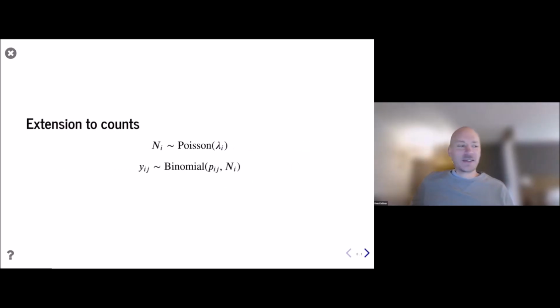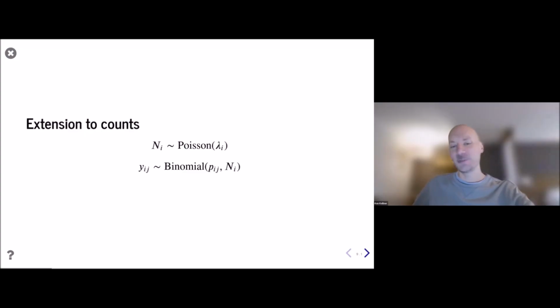So you can extend this basic structure to counts as well. And we would just replace the state process with, or the state variable with some abundance or a count, which we can call n. And then instead of a Bernoulli, we can model that as a Poisson or a negative binomial with parameter lambda representing the mean abundance.